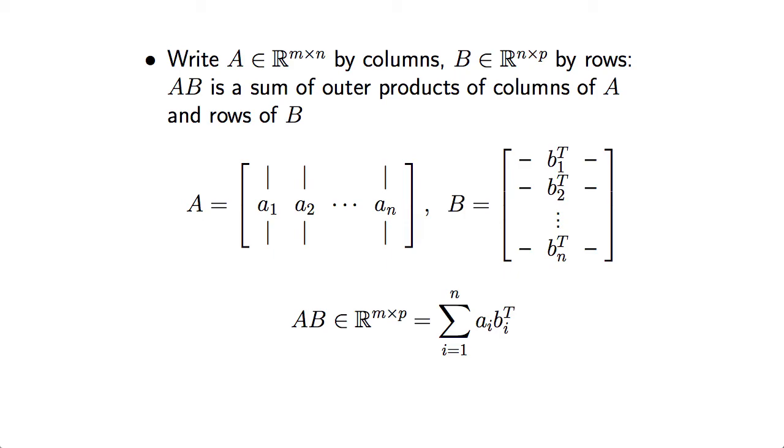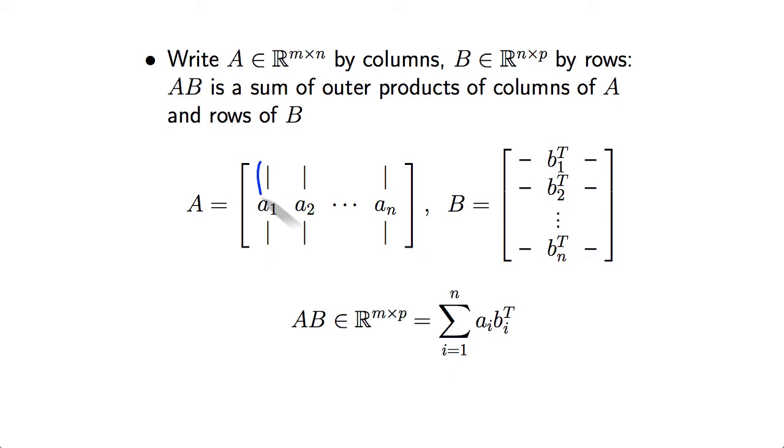We can also write this in different ways though. So let's now instead write A in terms of columns and B in terms of rows. That's the reverse of what we had in the previous slide. In this case, A times B can be interpreted as a sum from i equals 1 to n of all the possible outer products a_i b_i transpose. So what we do is we iterate from i going from 1 to n.